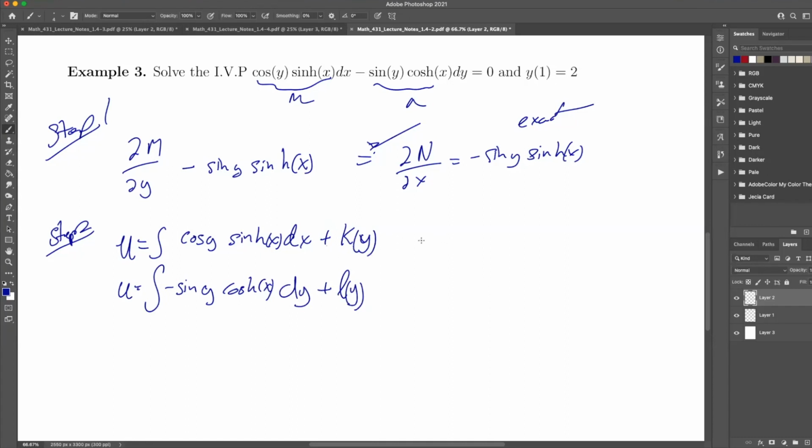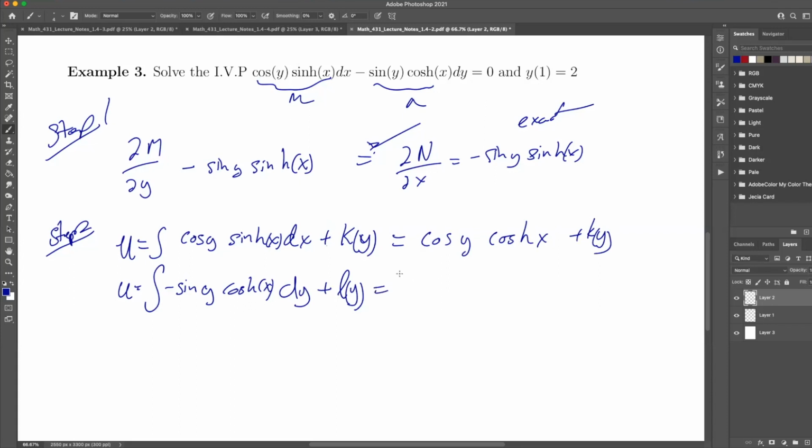Once we do this, we just compute. Hyperbolic sine becomes hyperbolic cosine, just because that's how that works. And so here I have cosine y times hyperbolic cosine of x plus some k of y, which I don't know about.